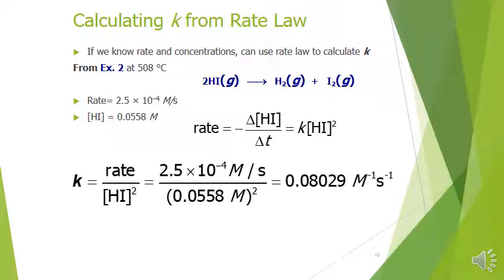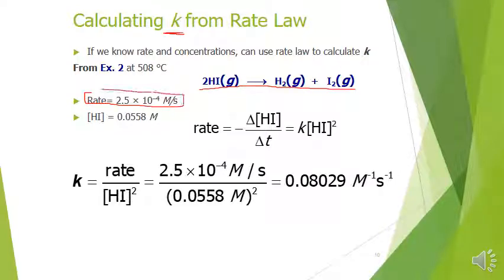Now what we're going to do is calculate k, given information. So let's look at this reaction here, the decomposition of hydrogen iodide into hydrogen and iodine. We know the rate.